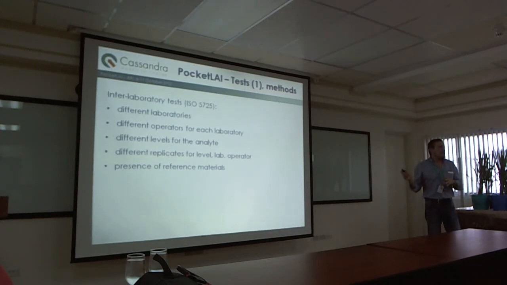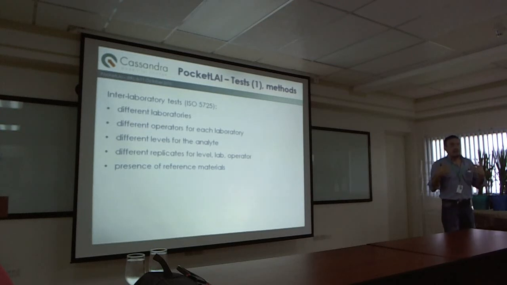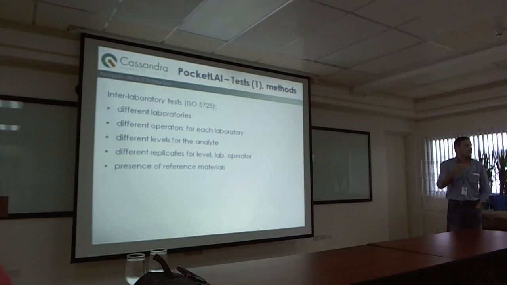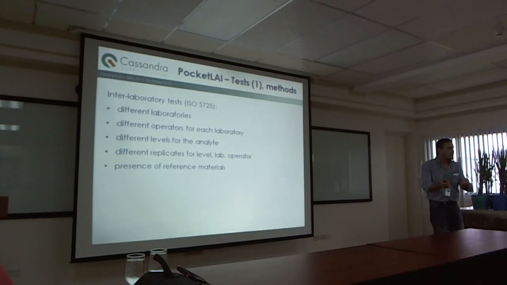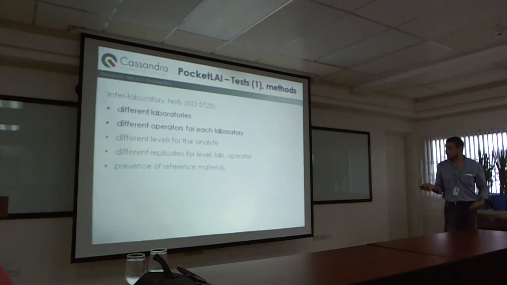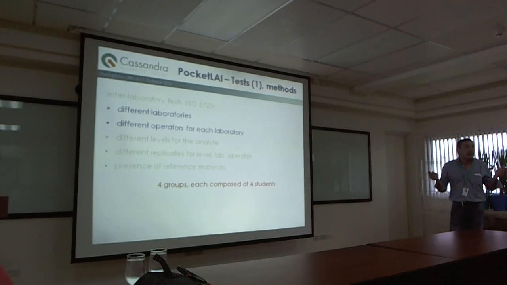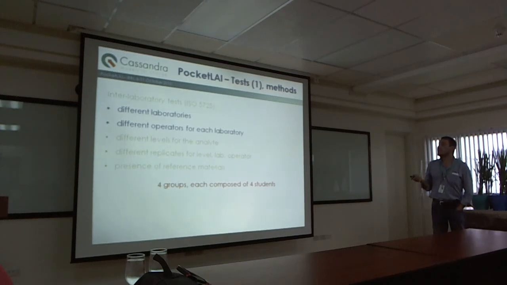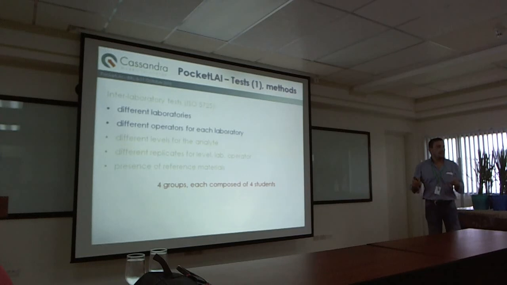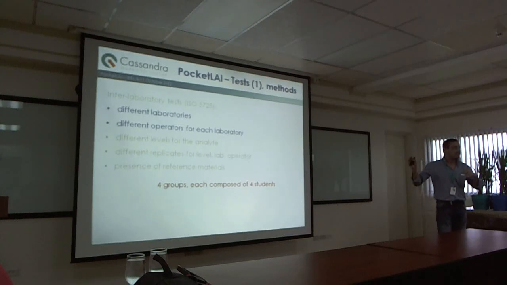This is not so easy to apply to field experiments, of course, to methods dealing with living entities, which are plants. So, how did we adapt this protocol? Different laboratories: I have a course at the university. I teach cropping systems, and there are students who are very interested in these parallel activities.